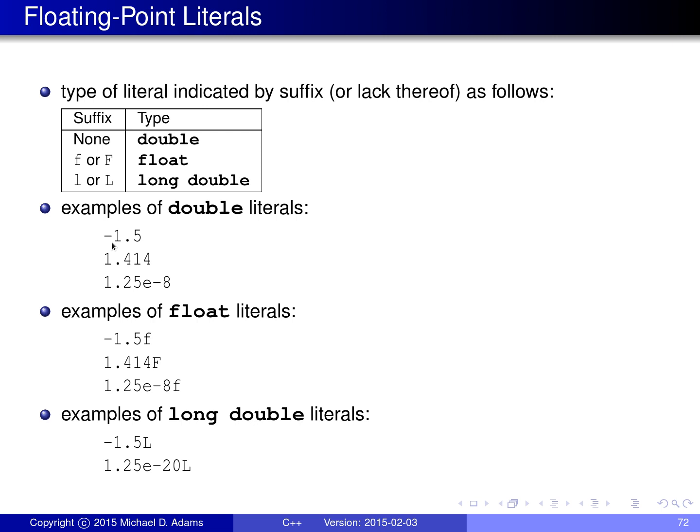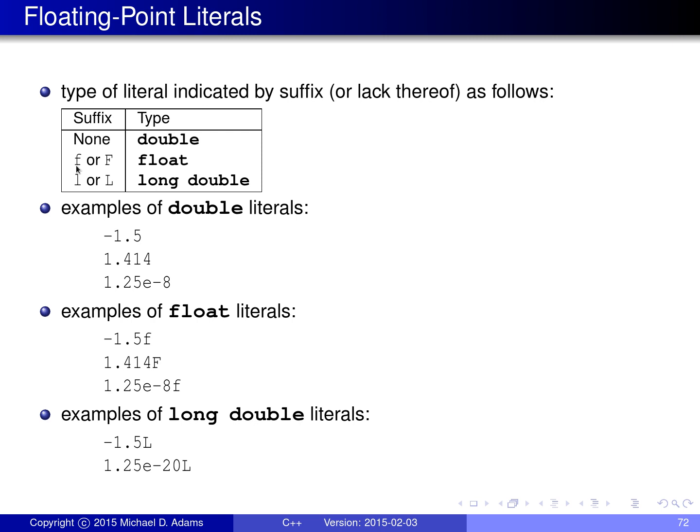So for example, if we write a number like minus 1.5 and there's no suffix, there's no upper or lowercase f here, or upper or lowercase l here after the digit 5, this has type double. Similarly, 1.414 has type double. 1.25 e minus 8 has type double because there's no suffix here. The e minus 8 just means times 10 to the minus 8. So this number here is 1.25 times 10 to the minus 8. The minus 8 is the exponent that goes with the base of 10.